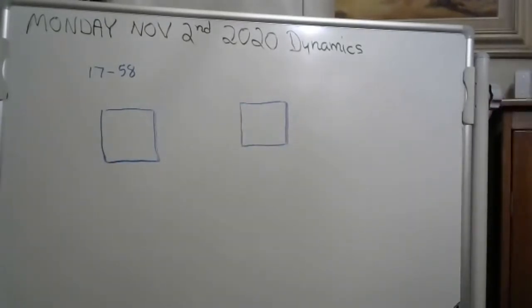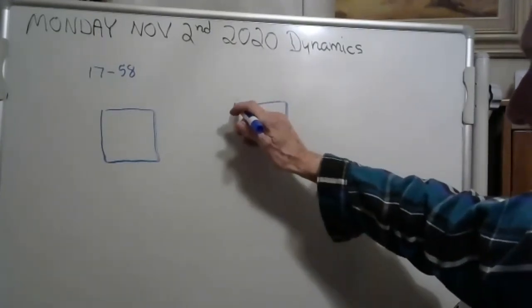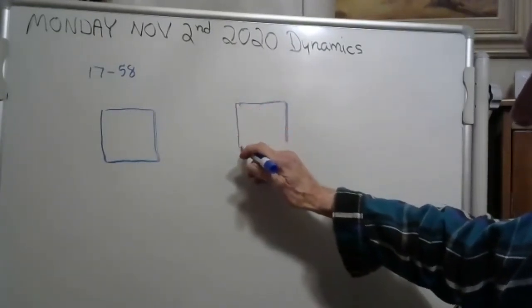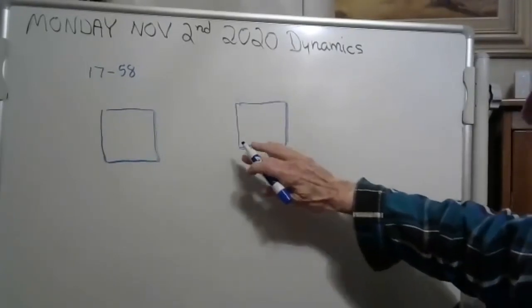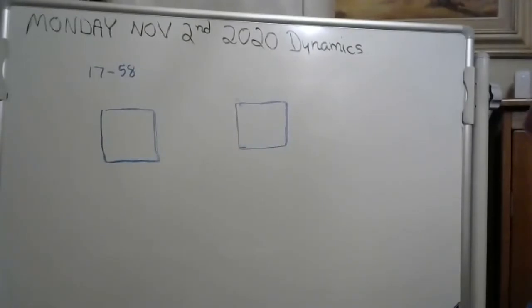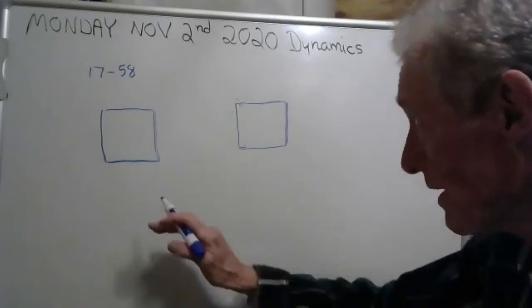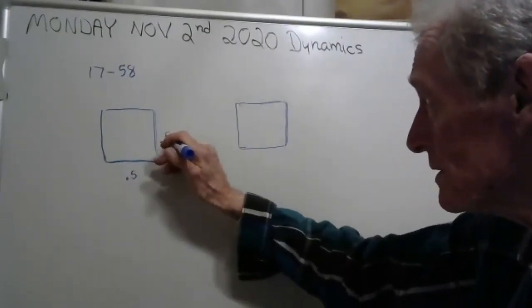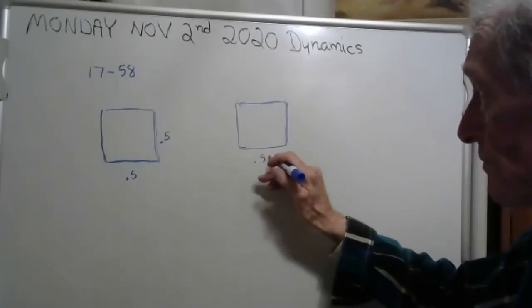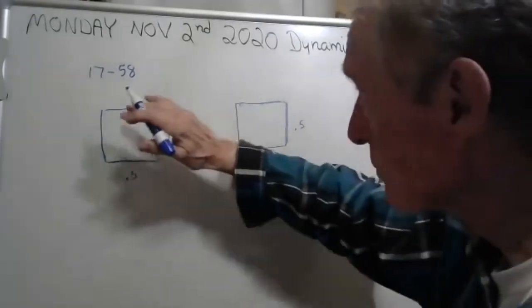That square is smaller than the other one. Let me make it a little bigger. Well, I tried to draw 2 squares. Now these are 0.5 meters by 0.5 meters. And now you realize what we're doing.